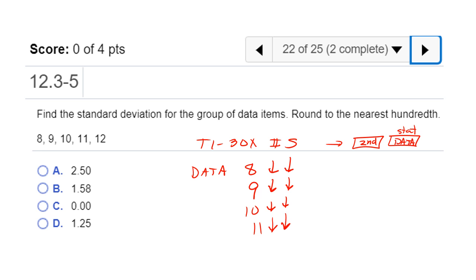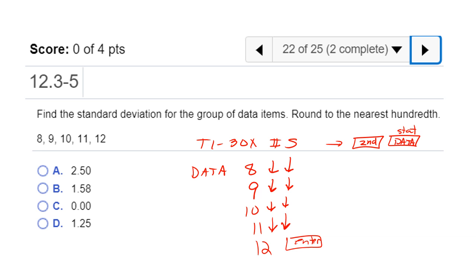And last but not least, I'll put in the 12, and then I can either down arrow or I can just push enter. Once I press enter or the data key itself, the data is saved in the memory.